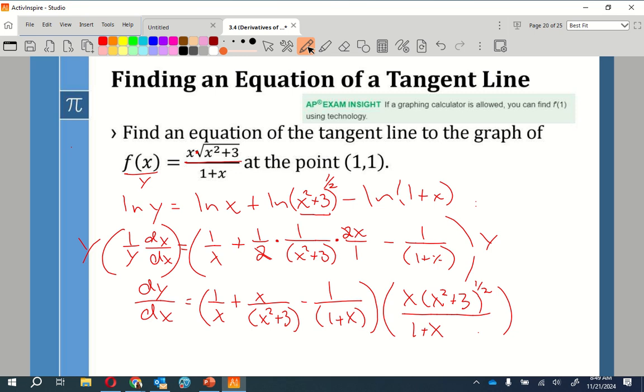So if I plug in my x, this is going to be 1 plus 4, right? 1 over 4 minus 1 over 2 times, this is going to give me 4, square root of 4 is 2, times 1 is 2 over 2.